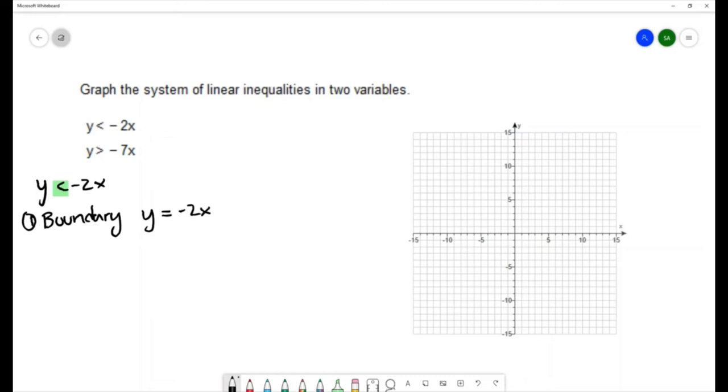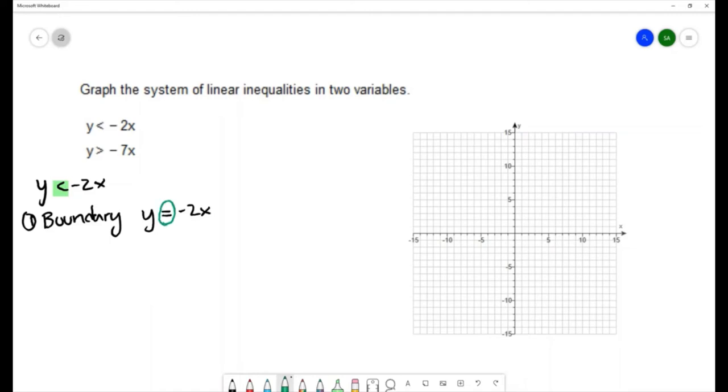And then once we have our boundary, we need to decide whether to graph that boundary in a way that includes the boundary or graph it so that the boundary is not included. The inequality symbol that we have is less than, which doesn't include equal to.